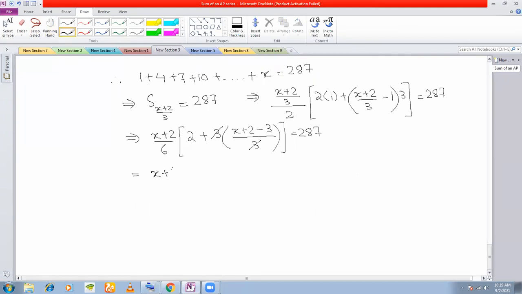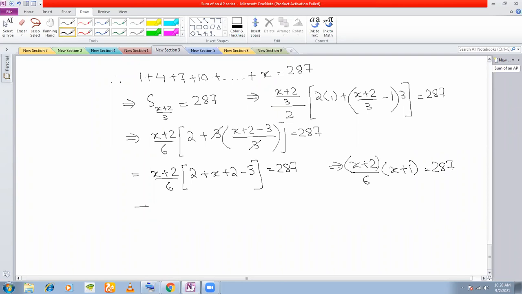So you'll get (x plus 2) by 6 into 2 plus x plus 2 minus 3 is equal to 287. That means you get (x plus 2) by 6, and here if you simplify, you'll get this as x plus 1, is equal to 287. That means you're getting a quadratic actually.